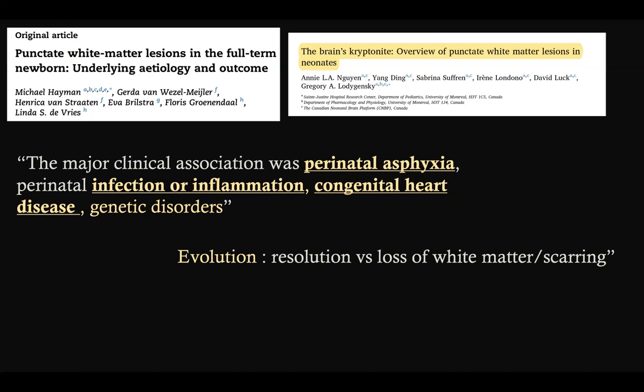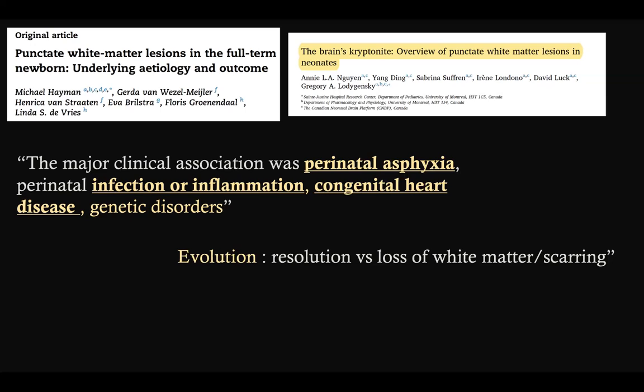Some papers, as I said before, stress the fact that this lesion disappears. But other papers say they disappear radiologically if you do an early follow-up. But if you do a follow-up later down the line, you will see that they result in scarring.